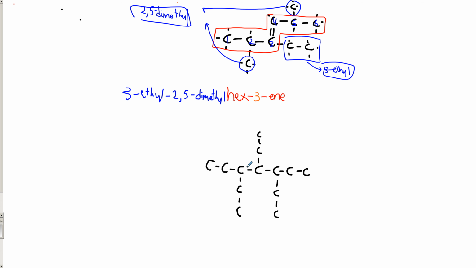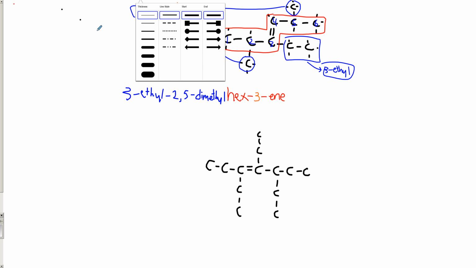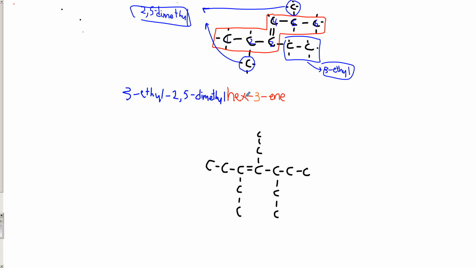So let's take a look at our longest chain first, because that gives us the guts of the name. If I go left to right, what do we have? 1, 2, 3, 4, 5, 6, 7. Again, 1, 2, 3, 4, 5, 6, 7. That's still 7. It looks like 7 is the best that I'm going to be able to get.